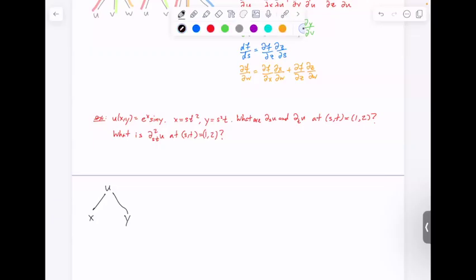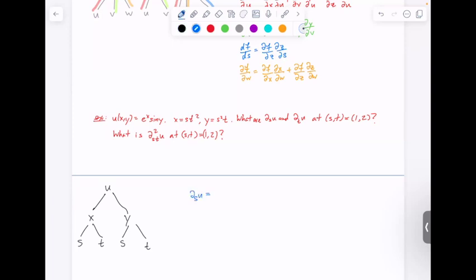What goes underneath X? How many nodes does X have? Right, so X has two nodes, S and T, because here, X depends on S and T, and the same thing for Y. So in this case, it's a pretty symmetrical looking thing. So does someone want to give me the chain rule for partial S of U?